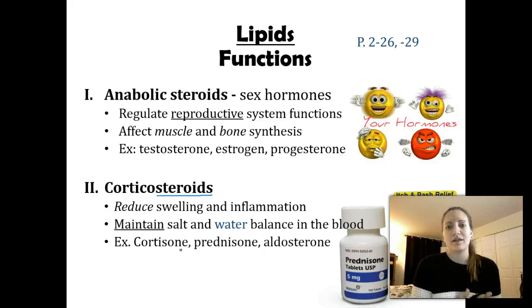Again, that's a hormone that's telling the body, hey, you know what, it's okay, you don't need to be inflamed anymore. Everything's taken care of now. You're healthy now. You don't need to continue to be inflamed or to be swollen. And then another example is aldosterone. However, I do recommend when you're learning these, just learn these first two, cortisone and prednisone.